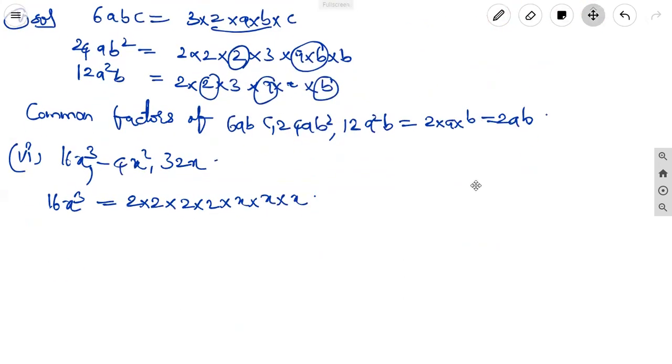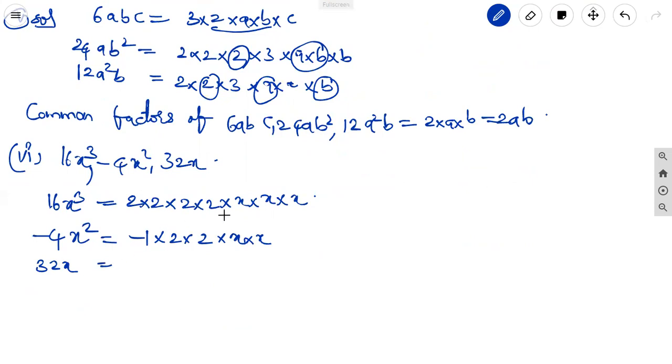Minus 4x square means minus 1 into 2 into 2 into x written 2 times. 32x means 16 2s are 32, so 2 written 5 times: 2 into 2 into 2 into 2 into 2 into x.